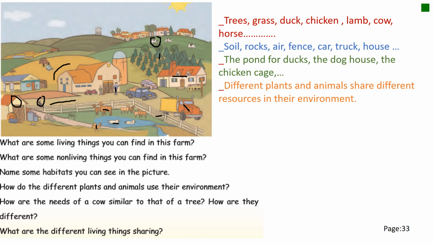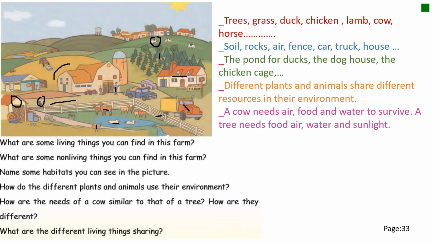And how are they different? For example, the plants need sunlight to grow, but the cow doesn't need this. So you can write a cow needs air, food and water to survive, while a tree needs food, air, water and sunlight. So that's how a cow and a tree are similar or different to each other.